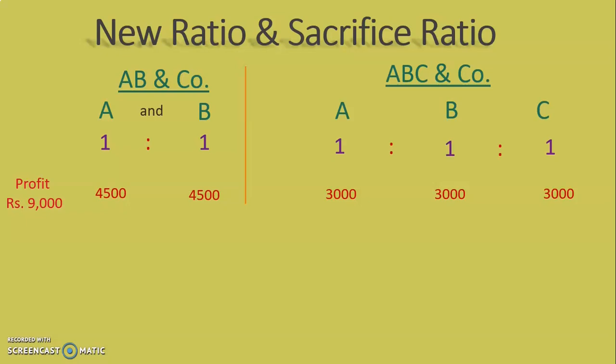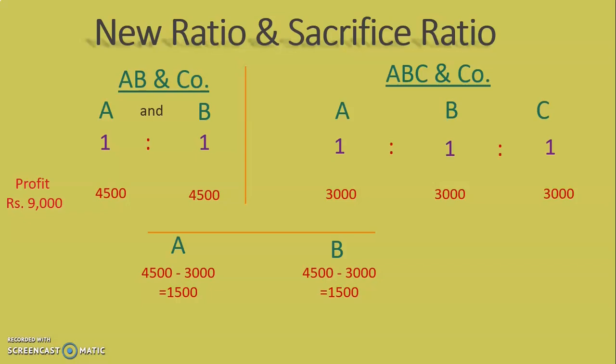But after admission, A is getting a share of rupees 3,000. Same in the case of B. A has sacrificed 1,500 from his share and B has sacrificed rupees 1,500 to give C his share of rupees 3,000.